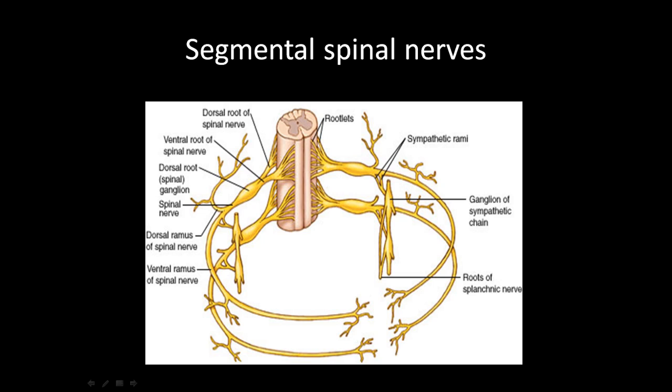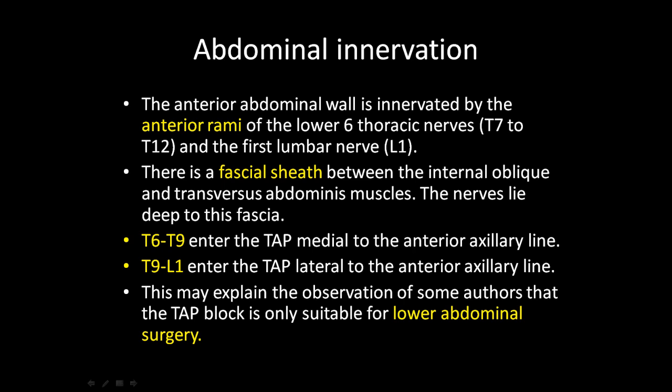And it is the ventral rami, or the anterior rami, that continues downwards and laterally around the abdominal wall to become the segmental spinal nerves. And therefore, the anterior rami innervate the anterior abdominal wall, which is the area of focus for the anesthetist in such cases.